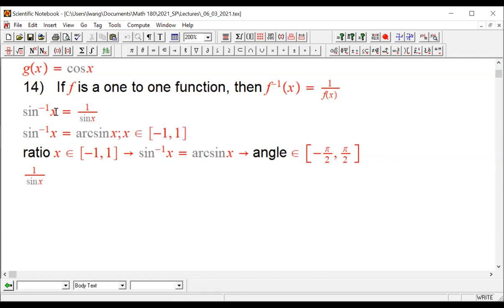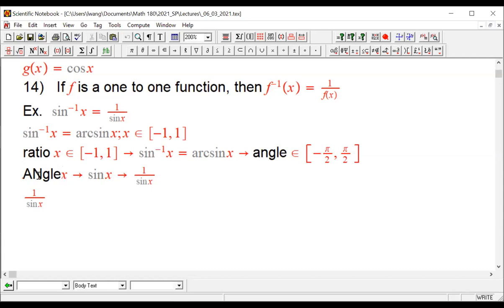How about the right-hand side? What is the situation on the right-hand side? X, give the input to sine, and then reciprocal. What kind of input is qualified for x in sine x? Angle.